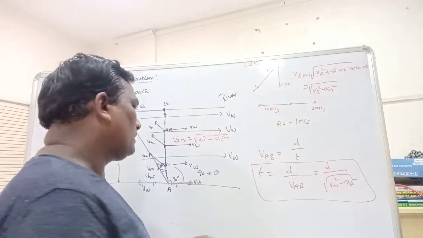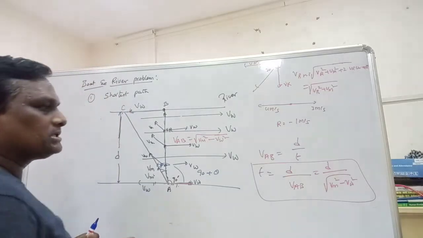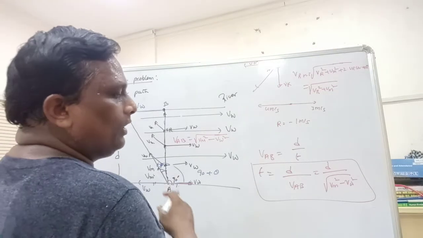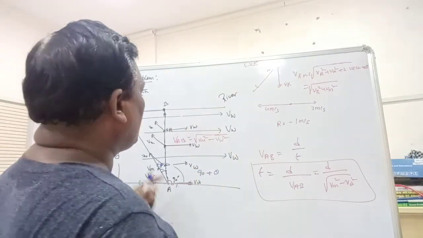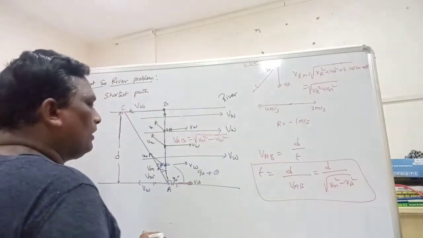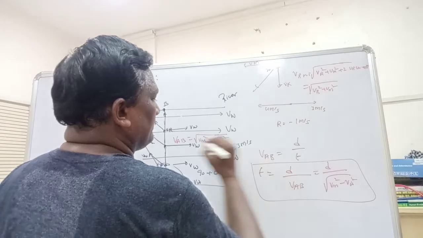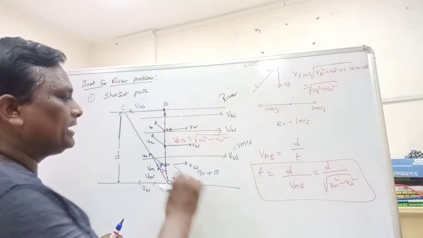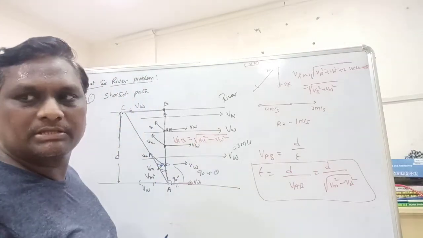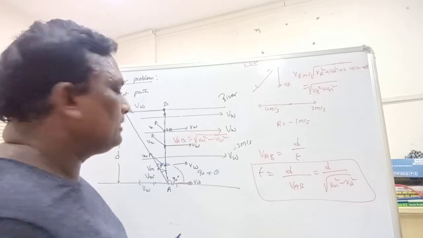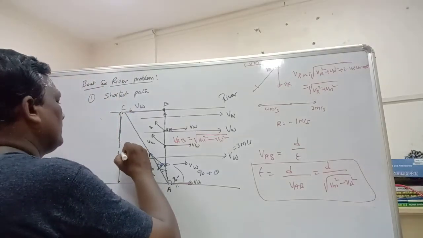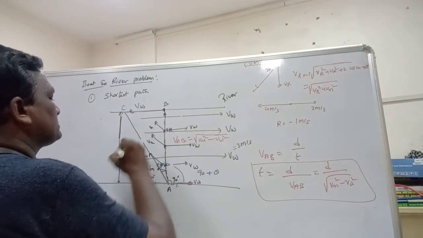Please check here. Please listen. Water is flowing horizontally with a velocity of 3 meters per second in the river. The width of the river is 10 meters.